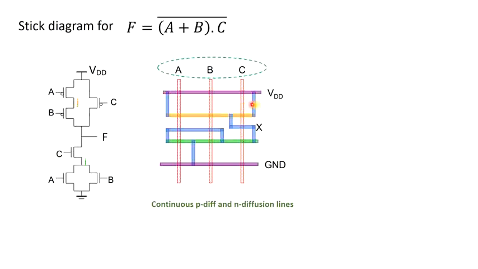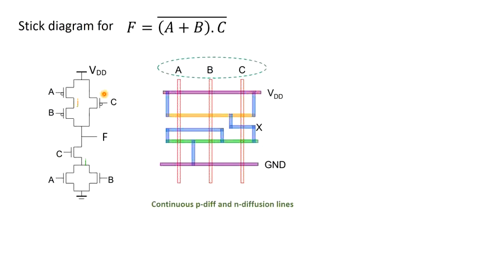Once you draw up to this part, then you have to think about the connections. For example, let us consider this pull-up network. For this pull-up network, A and C, both of their sources are connected with this VDD. So this is PMOS transistor A, its source is connected with the VDD. This is the source for PMOS C, whose source is also connected with the VDD.